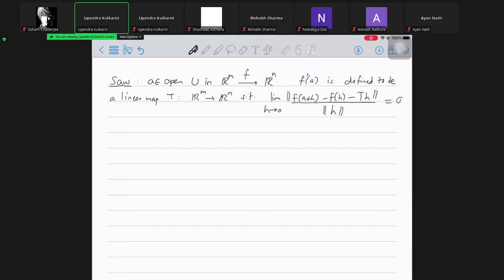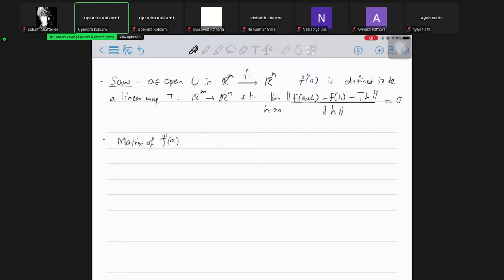We also saw the matrix of, okay, so let's write this down. So what is the matrix of f prime of A?